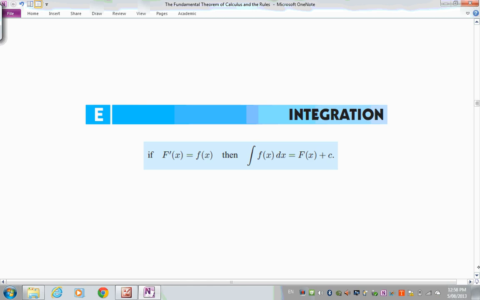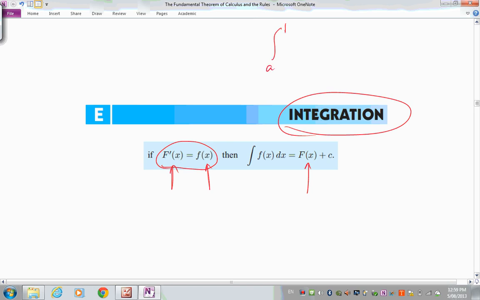Here you can see that we're going to have to do a lot of this. When we find the antiderivative, that is the function which, when differentiated, gives our given function, we are going backwards, and we're going to call this the process of integration. Because this function is crucial to the process of summing that infinite number of rectangles, the fundamental theorem of calculus is this.